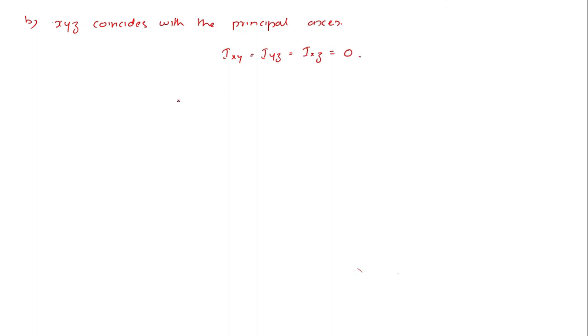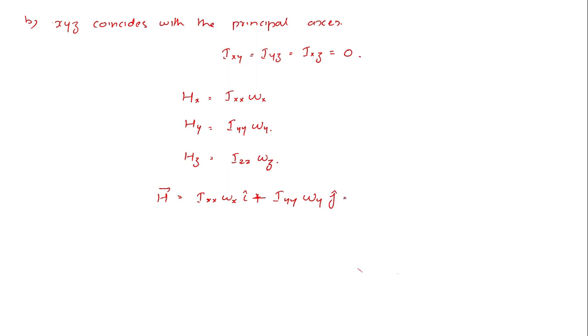So as such Hx will become simply Ixx into omega x, Hy will become Iyy into omega y, and Hz will become Izz into omega z. So the H vector will be equal to Ixx into omega x i cap plus Iyy into omega y into j cap plus Izz omega z into k cap. The equation gets reduced to this format.